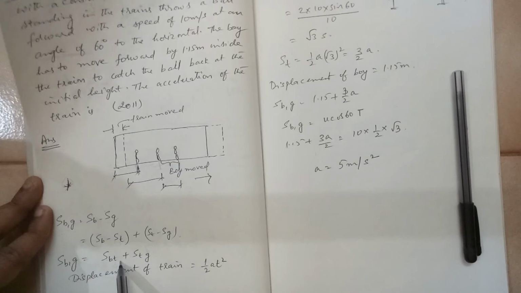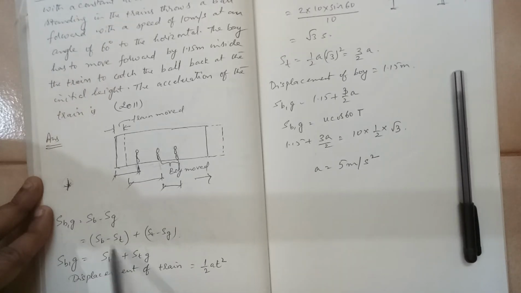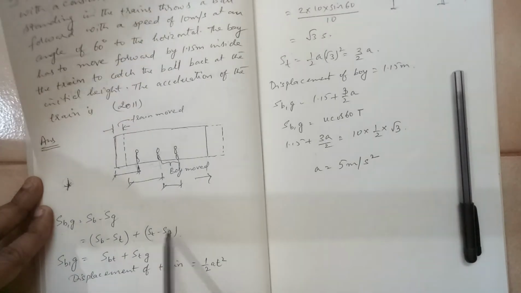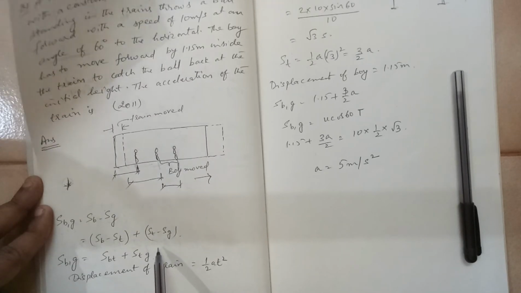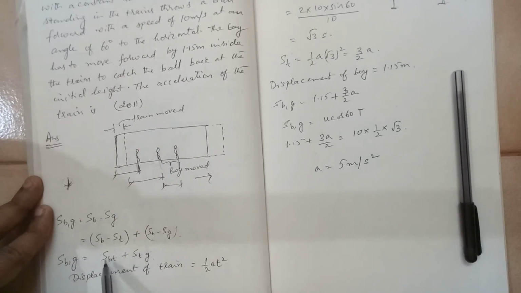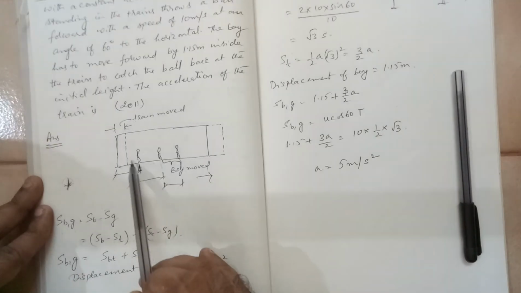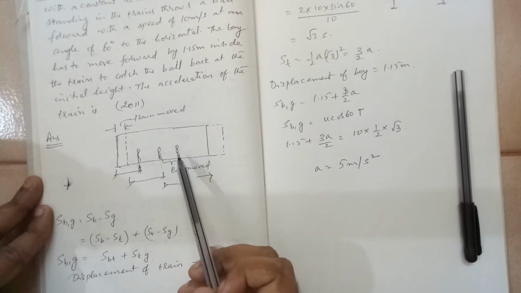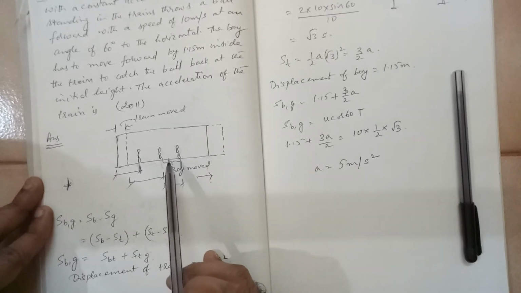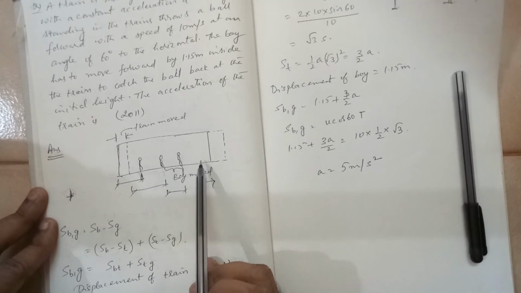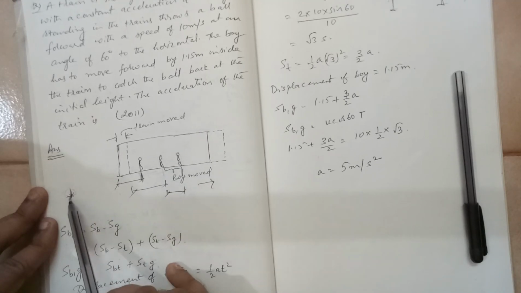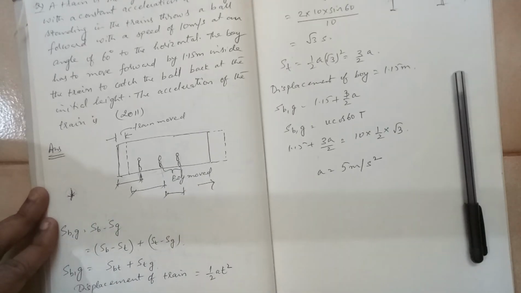This is S_BT, the displacement of the boy with respect to the train. And this is the displacement of the train with respect to the ground. So these two add up, and you get the displacement of the boy with respect to the ground. Pictorially, the same situation is there. The train has moved forward and the boy also moved forward. So when you add both, you get the displacement with respect to the ground.